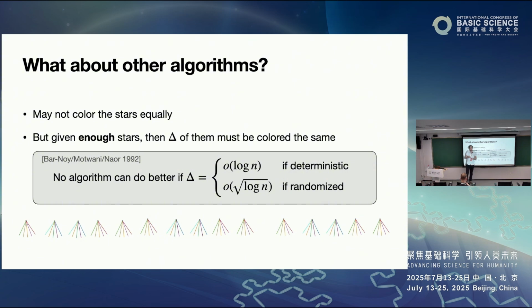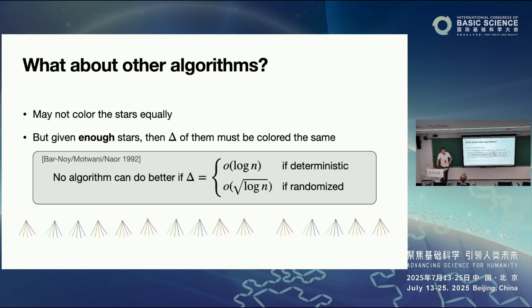There's a difference when you play this online game: do I allow you only deterministic strategies, or also random ones? That's why the lower bound is weaker for randomized algorithms. You can imagine that if you follow these stars deterministically, I can always identify the delta minus 1 edges with the same color at the same time. If you do it randomly, I can only do so with a certain probability. That's why the lower bound is weaker.